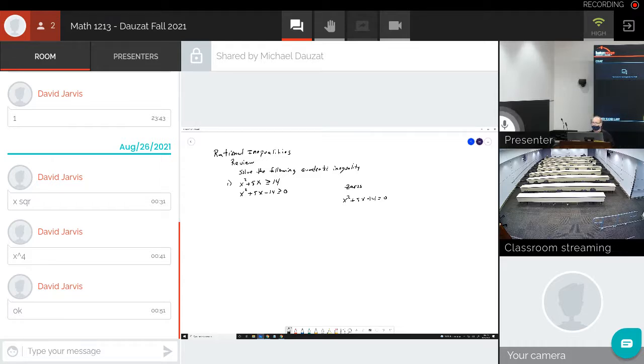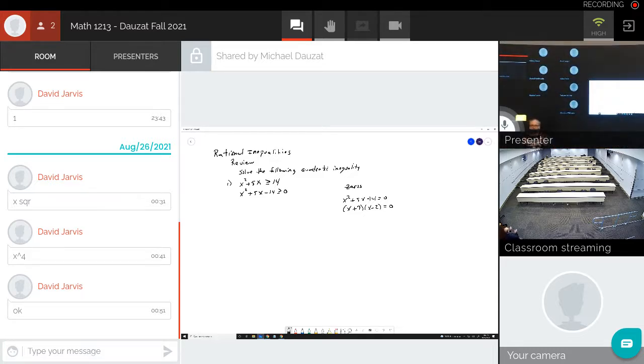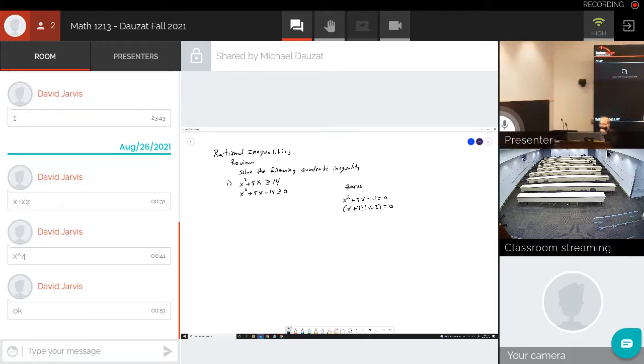So when I factor this, I get x, let's see, that'll be what? x plus 7 times x minus 2 is equal to 0. So that's how you factor this. And then you remember the zero factor property says you set each factor equal to 0. So I get x plus 7 is equal to 0, x minus 2 is equal to 0.